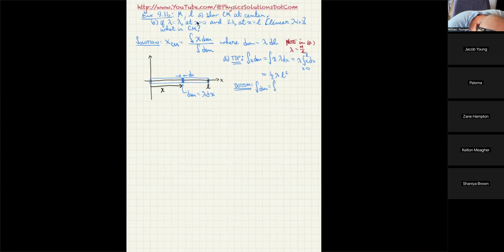So I'm going to integrate from 0 to L of lambda dx, which equals lambda times the integral of dx from 0 to L, which is obviously equal to lambda times L. So x center of mass is equal to the top divided by the bottom. That's just an easy way for me to keep this where I don't have to do two integrals at once and do all that crazy stuff.